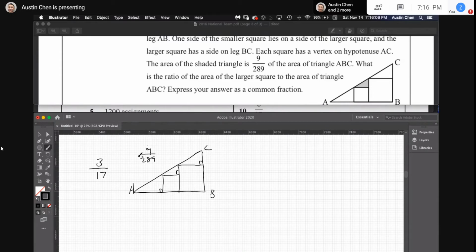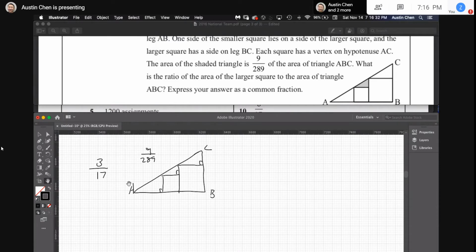So yeah, we just square rooted the two-dimensional scaling to get our one-dimensional scaling. And we could see that works fairly nicely here because 9 and 289 are both perfect squares. So then we have a decent fraction to work with.